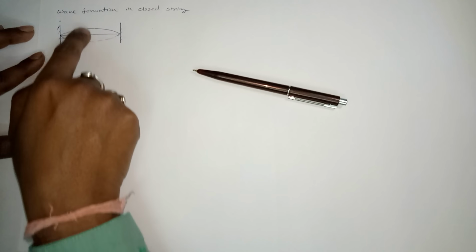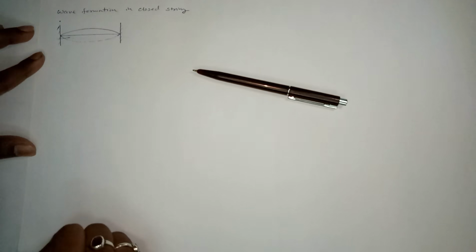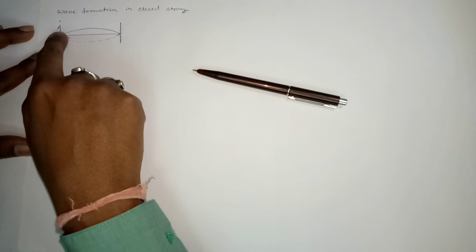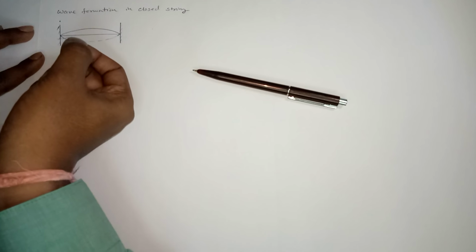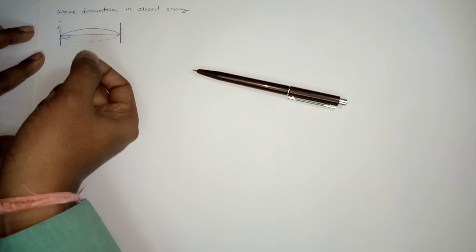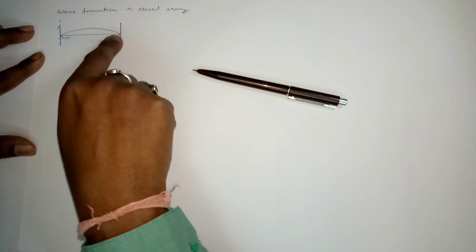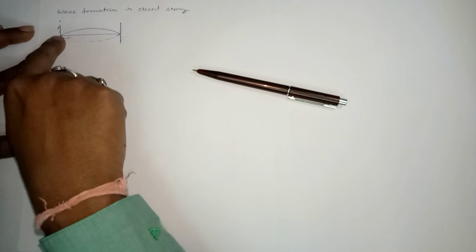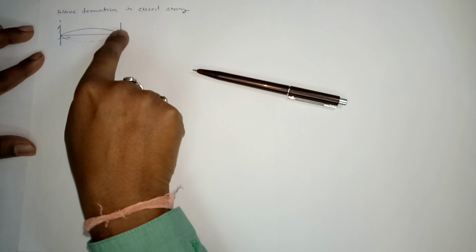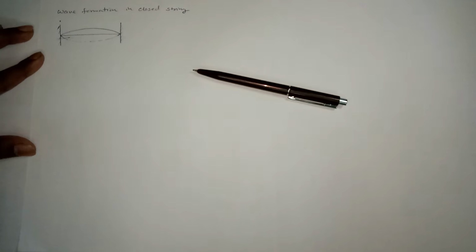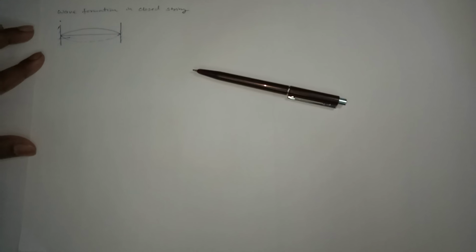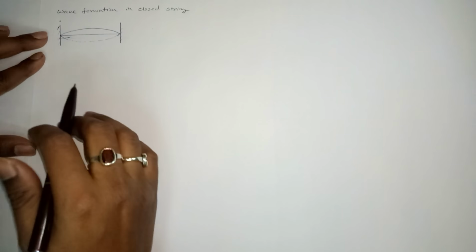You can see it will keep on vibrating like this. When you pluck from the midpoint and leave, this becomes your incident wave, which strikes here, gets reflected, and then here again it gets reflected. This takes place in successive time intervals.